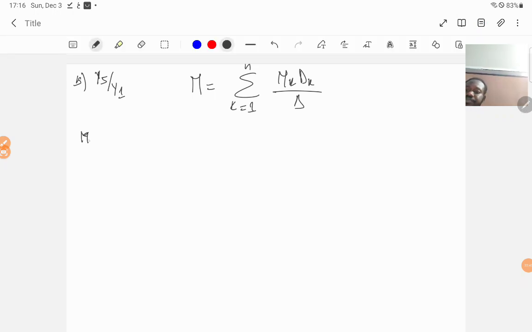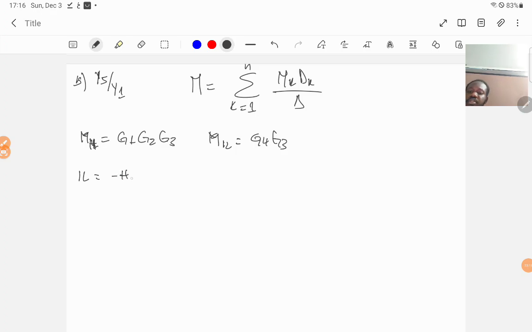So M1 will be g1 g2 g3, and the other one will be g4 g3.